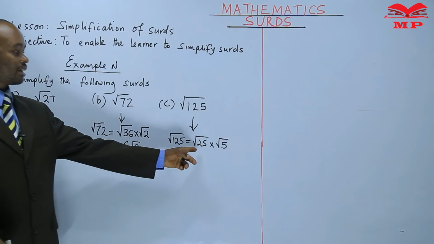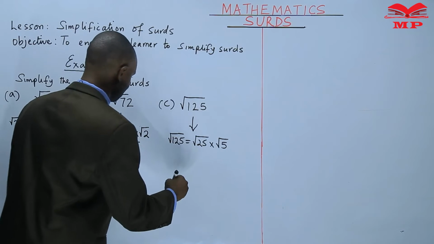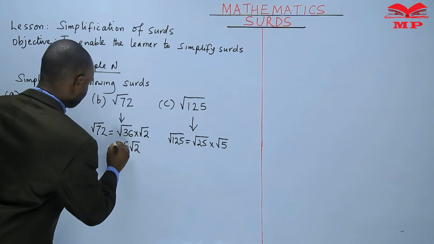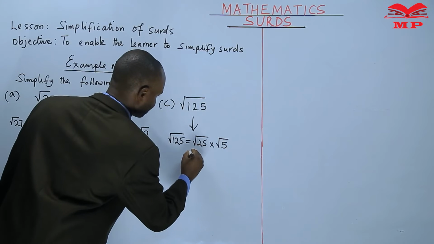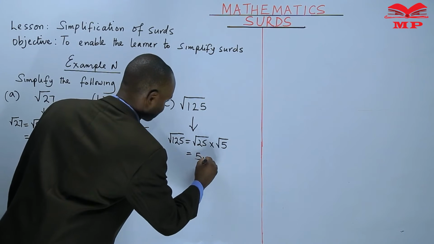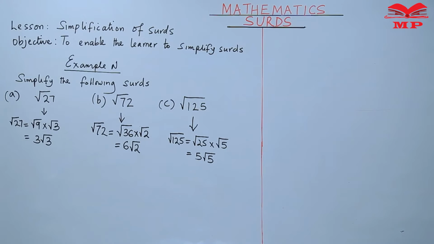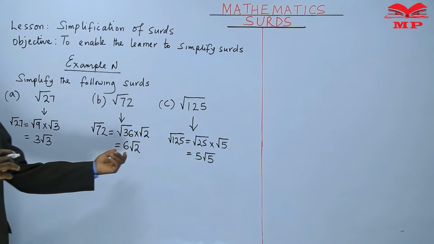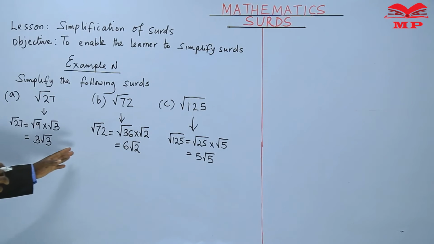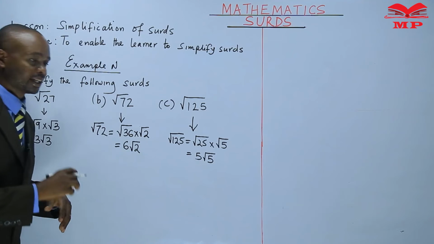But 25 has a perfect root. So this will be equal to 5 square root of 5. So learner, that is the simplified form. Usually, in the root sign, you remain with a number that does not have a perfect root. It will always be that for it to qualify to be a surd.